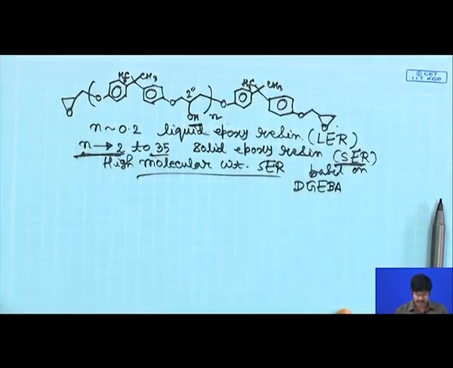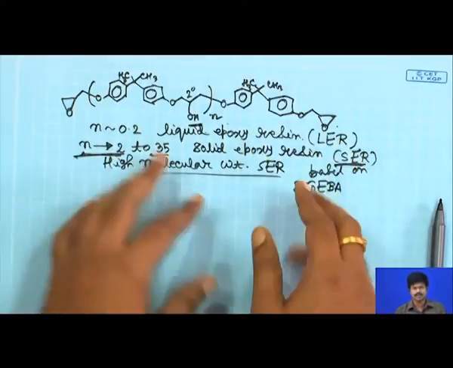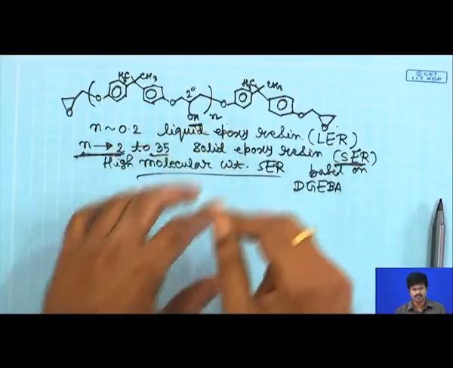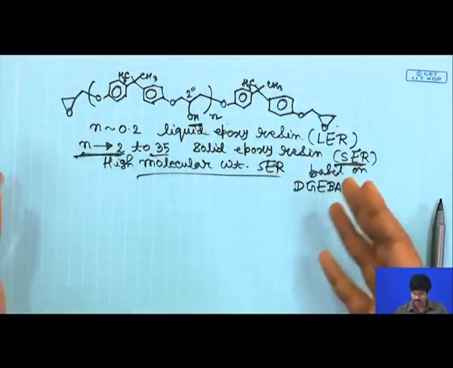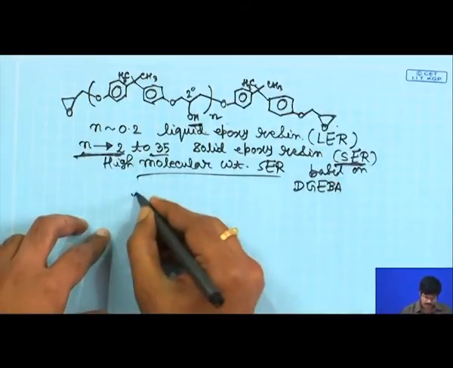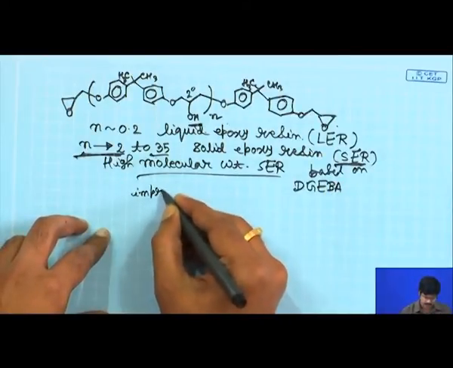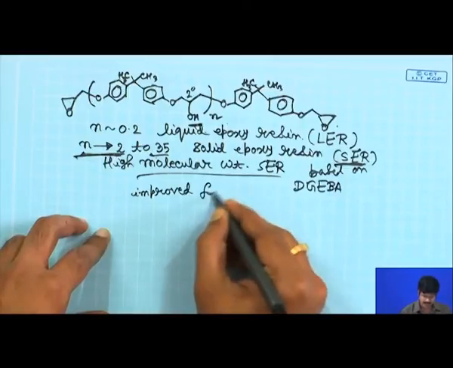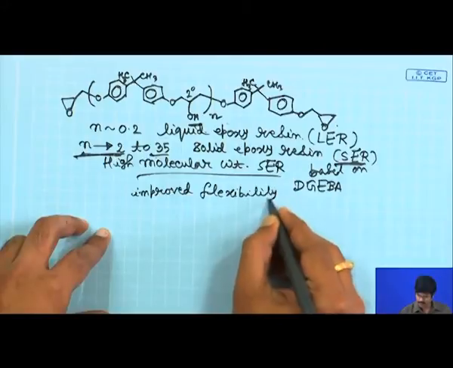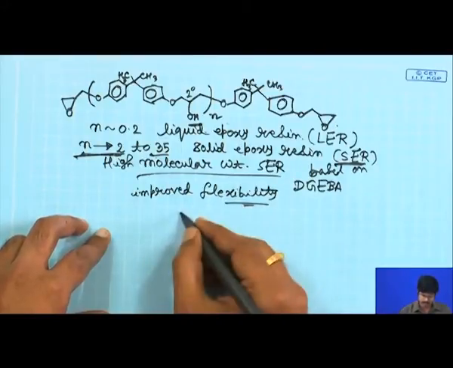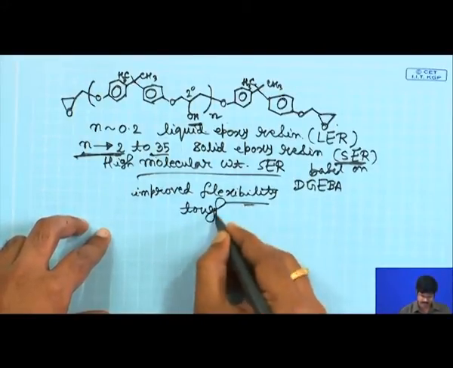So, if you cross link, the distance between the cross links on average is higher for solid epoxy resin than liquid epoxy resin. And if the distance between the cross links is higher, then you will get improved flexibility, and we will also get improved toughness of the material.